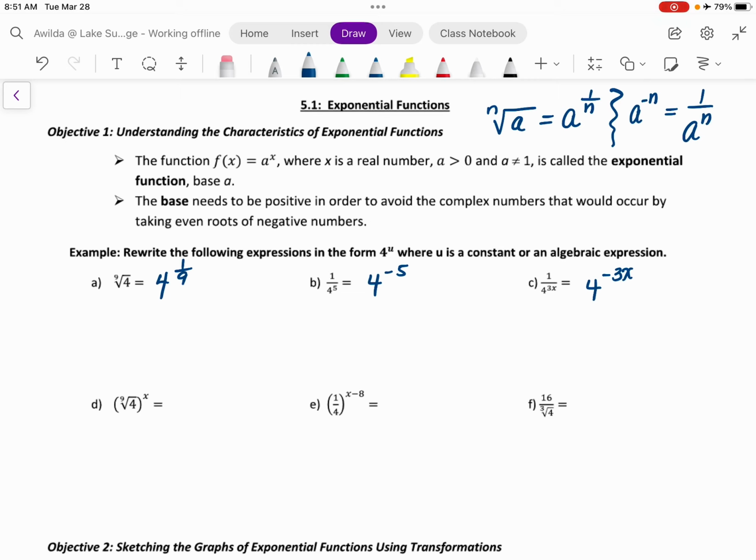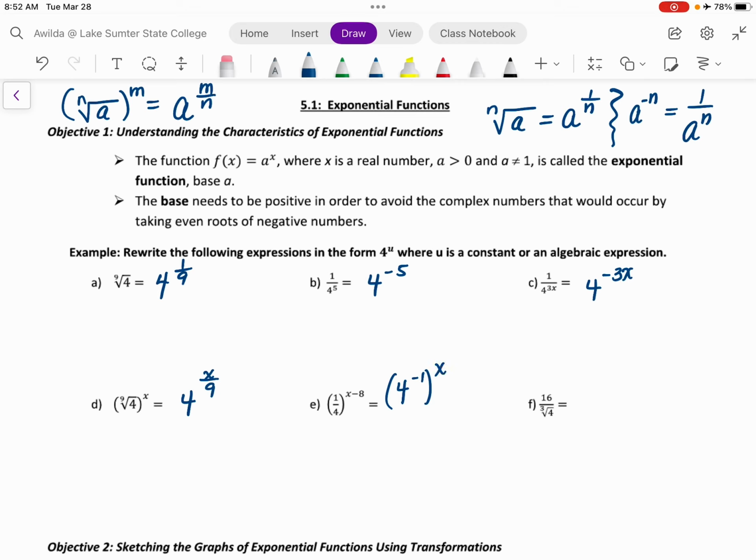Next, we have the 9th root of 4, all raised to the x power. Here, we're going to write this as 4 to the power x over 9. And the rule here is that the nth root of a, all raised to the mth power, is equal to a to the m over n power. Next, we have 1/4 raised to the x minus 8 power. First, we're going to write 1/4 as 4 to the negative 1.